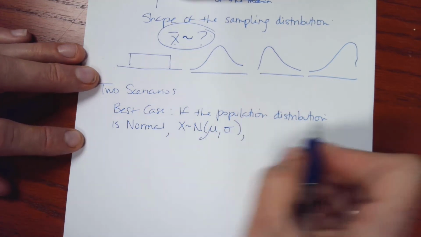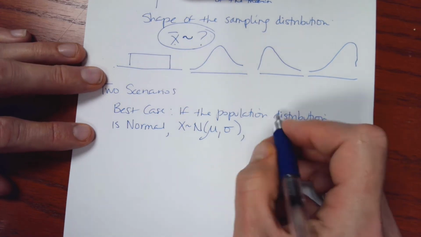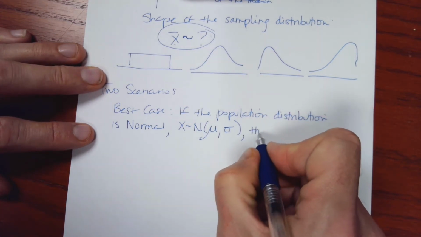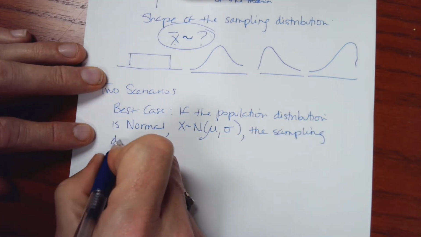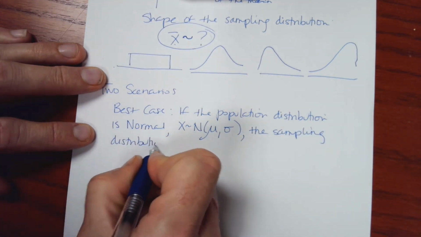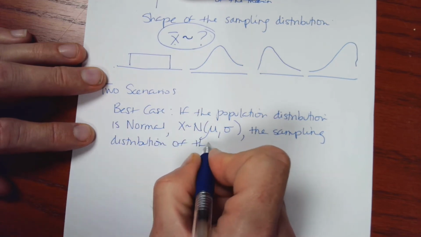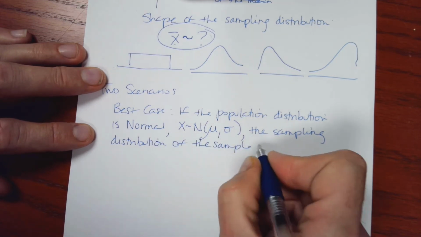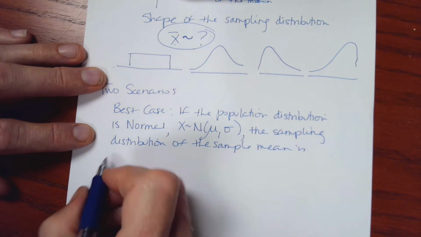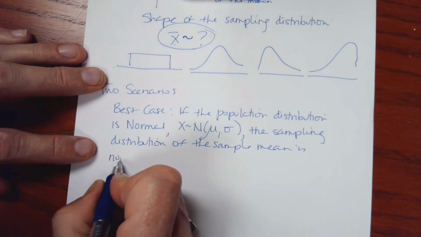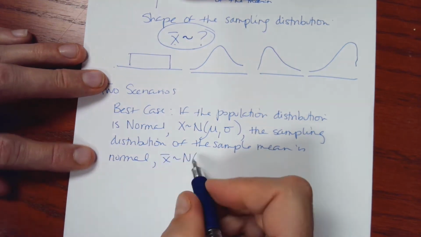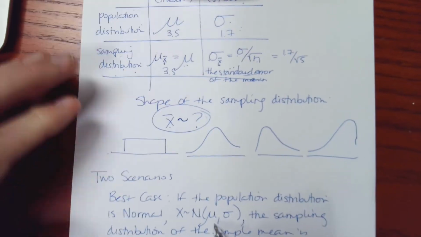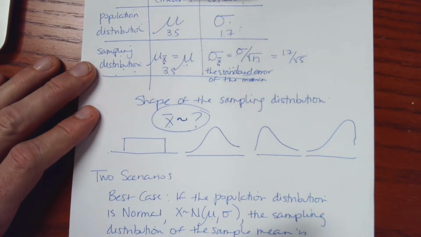If that's the case, the population distribution is normal, then the sampling distribution of the sample mean is normal. In other words, x bar will also be normal. And we've learned previously it'll have the same mean as we find in the population, and the standard deviation will be sigma over square root of n.